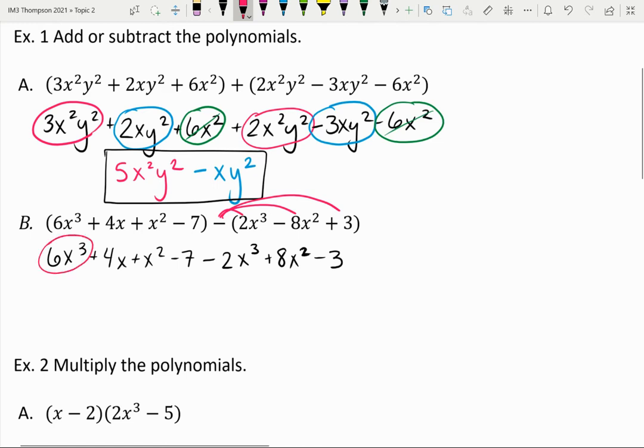So I have 6x cubed minus 2x cubed. 6 minus 2 will give me 4x cubed. Remember, when I'm adding and subtracting, the variables don't change. I have a plus 4x, but I don't see any other like terms that'll go with that.